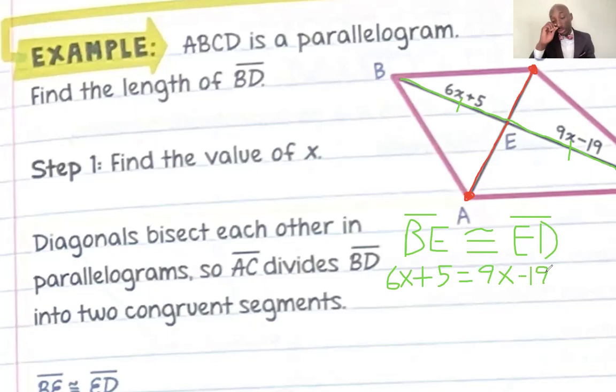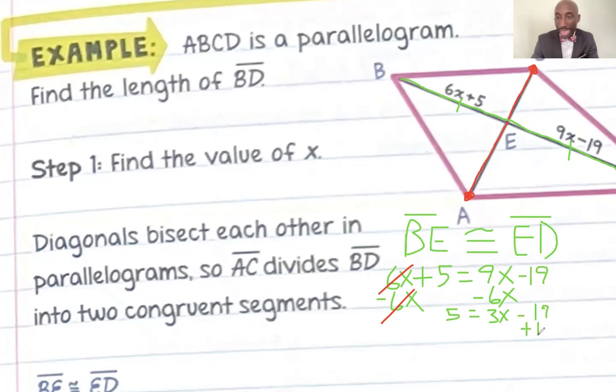Now I'm going to manipulate and solve for x so that I don't have to deal with negative numbers. I'm going to subtract 6x from both sides. This cancels the 6x, and my next line is 5 equals 3x minus 19.